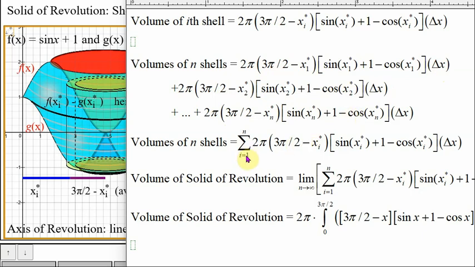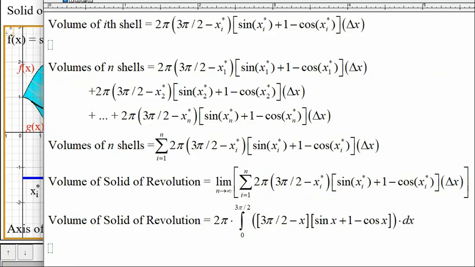Using summation notation, we have i running from 1 to n. If we divide the solid of revolution into an infinite number of shells, we allow n to run to infinity. And just like before, if this limit exists, we define it as this definite integral.